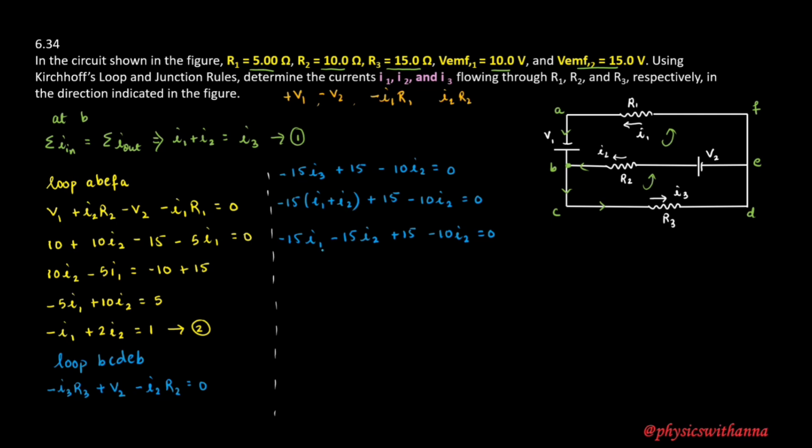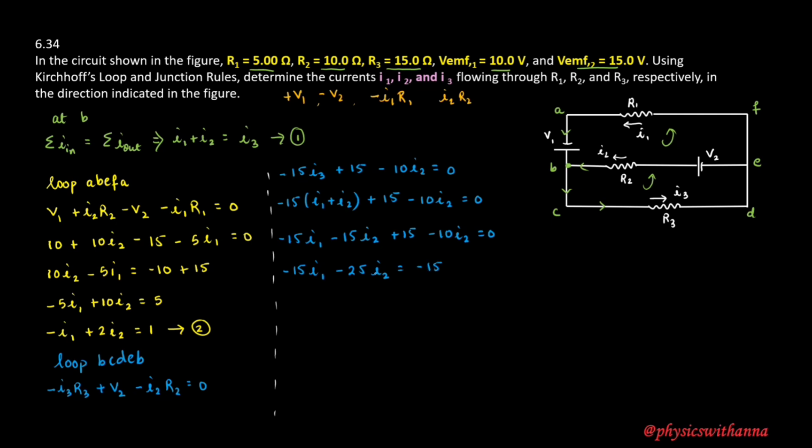Now you can keep the terms with variables together and move the constant to the other side. Here I get negative 15 I1, and minus 15 I2 and minus 10 I2 together will become minus 25 I2. 15 I will move to the other side and it will become negative 15.